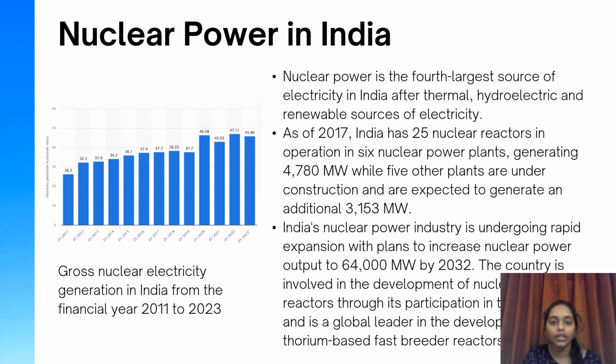India aims to significantly boost its nuclear power capacity to 64,000 megawatts by 2032. Furthermore, India is actively involved in nuclear fusion reactor development. Notably, through its participation in the ITER project, it is a leading player in advancing thorium-based fast breeder reactors.